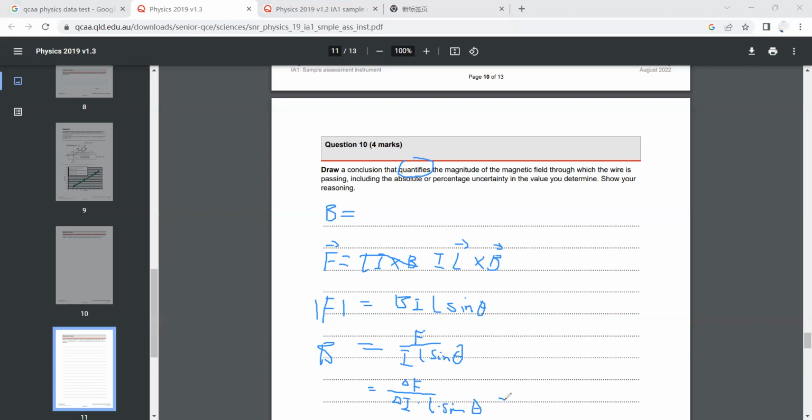In this formula, F over I would be the gradient that we found earlier, the M, the gradient that we found from question 3, so B is M over L sine theta.